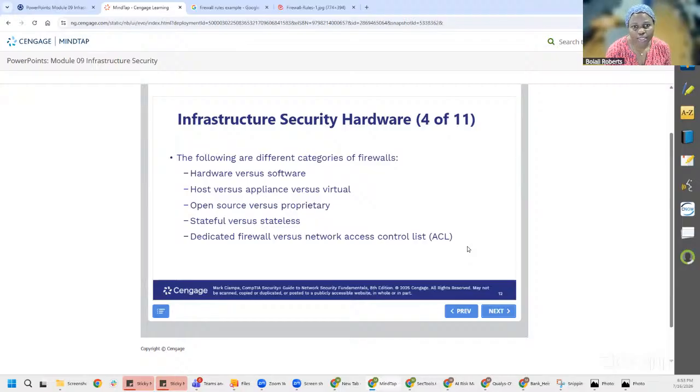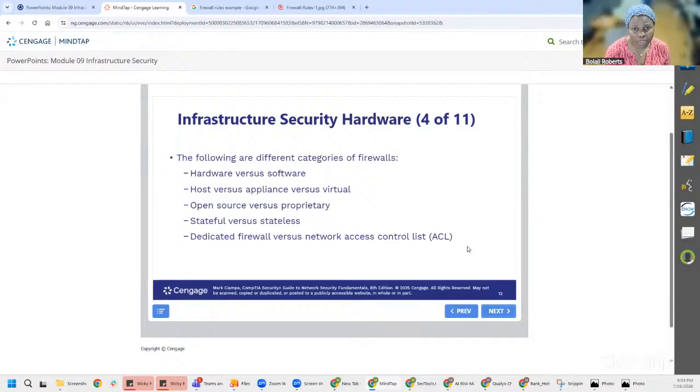Then, again, there are different categories of firewall. It can be hardware-based and it can be software-based. Like the Microsoft firewall is software-based, so it's like a virtual firewall. Then they can be host versus appliance versus virtual. Host is hosted on a server. Some have physical appliances, for example, the likes of Checkpoint and Fortinet firewalls.